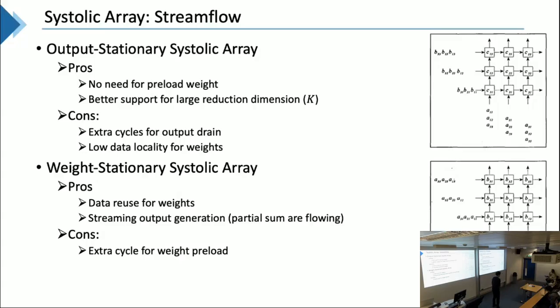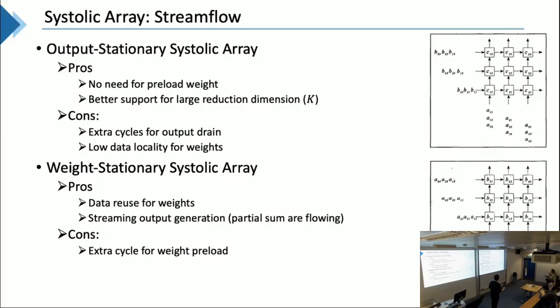The choice of output stationary or weight stationary in a systolic array is an active research direction, because matrix multiplications with different shapes and different data locality always prefer different dataflows.